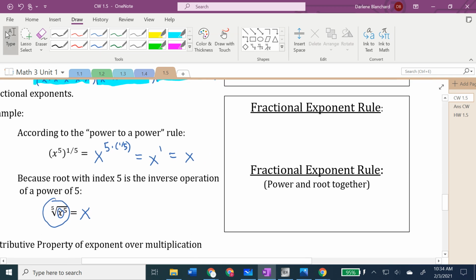The fractional exponent rule is, let's see, if you have x to the power of 1 divided by n, that is the same thing as the nth root of x.